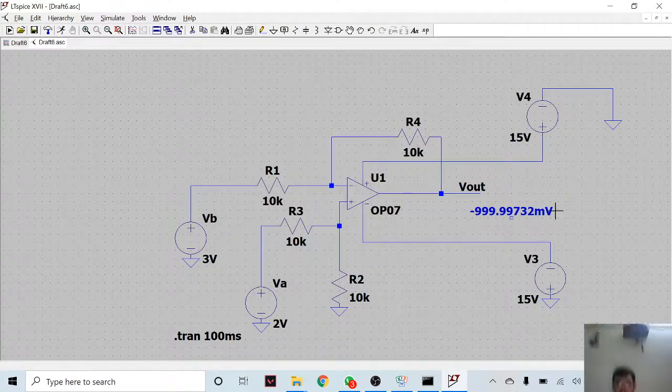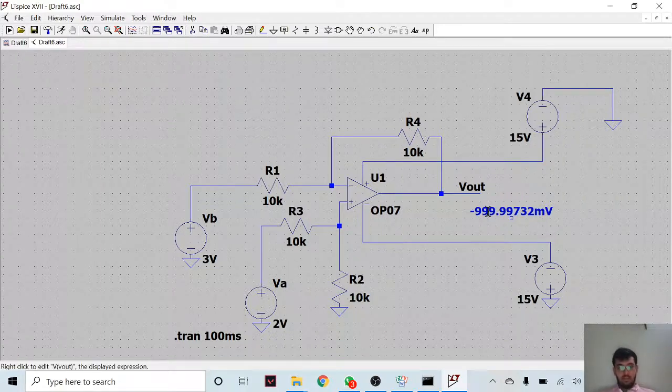So as here we can see, we'll be getting the value as minus 999 millivolts, which is equal to 1 volt. Since this subtractor will calculate VA minus VB, we'll get output minus 1 volt.